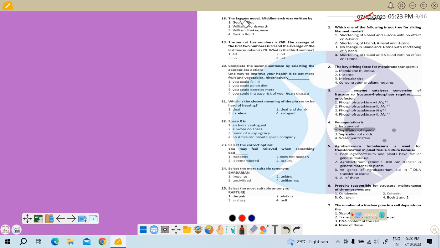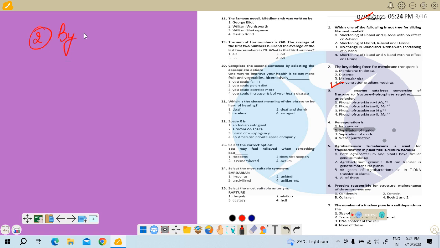So driving forces are gradients in chemical potential, electrical potential, hydrostatic pressure. Membrane transport is through active and passive means. So here the answer is concentration gradient.